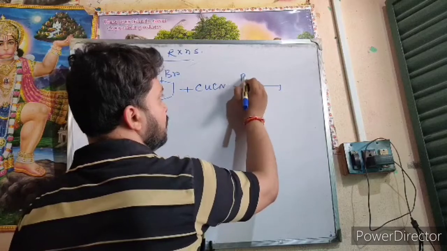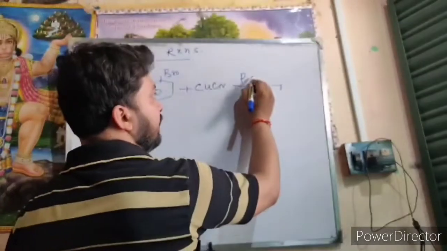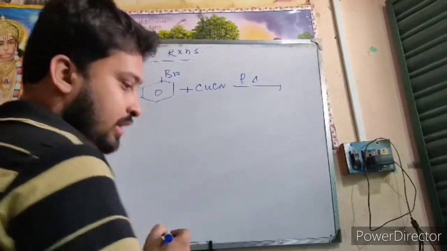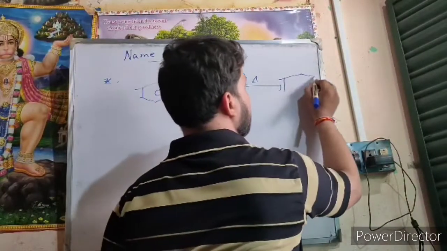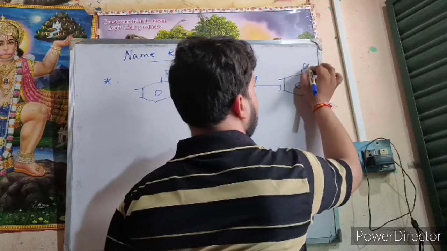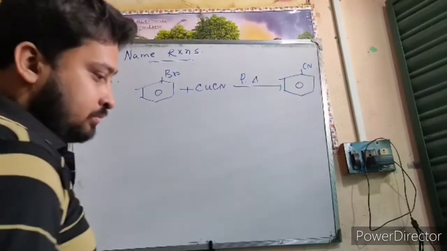CuCN, pyridine and heat, you get CN, cyanobenzene.